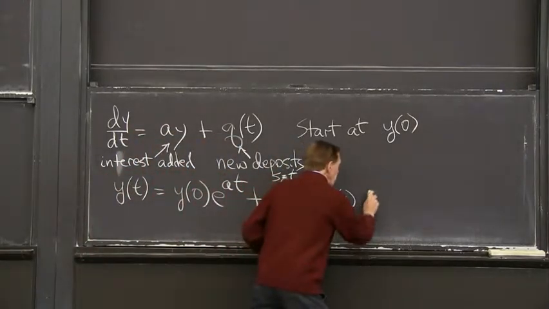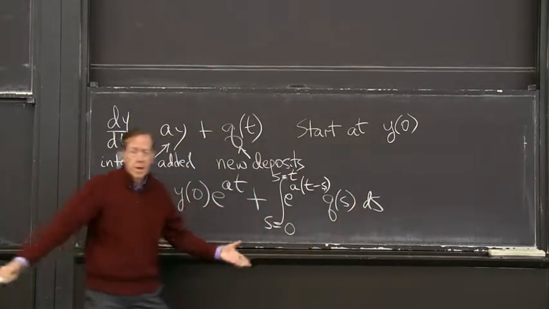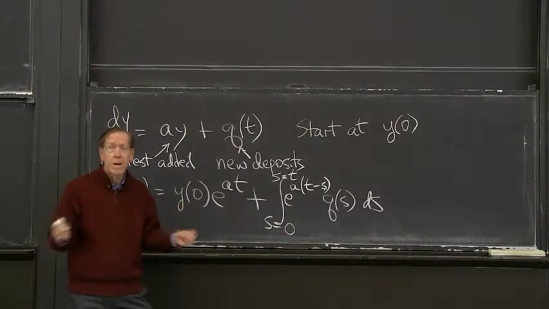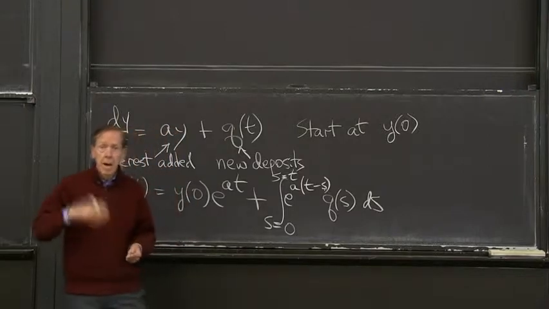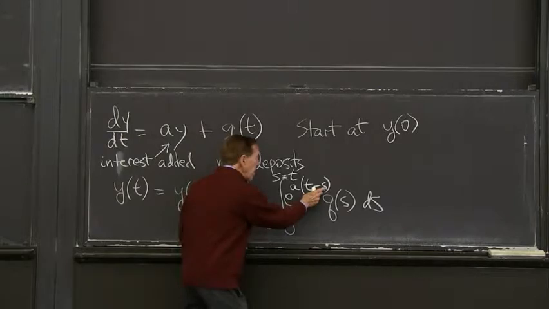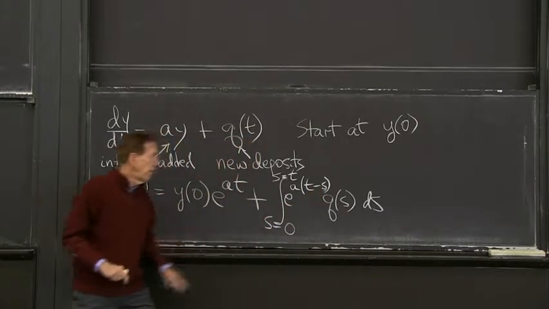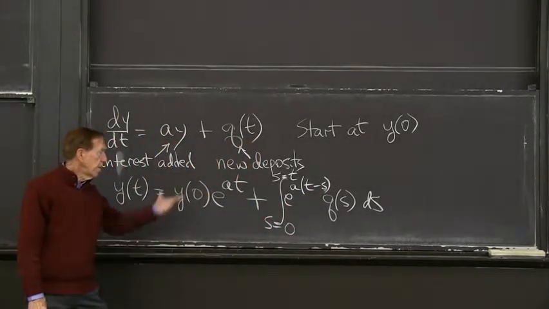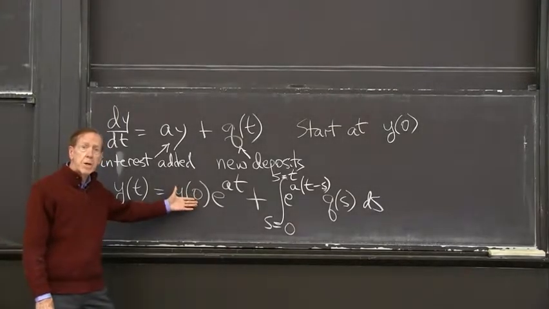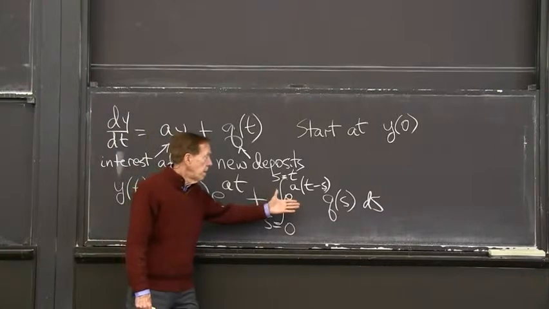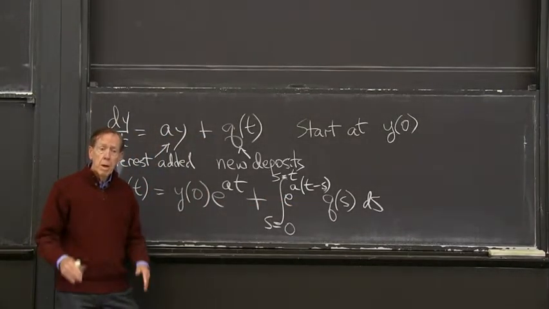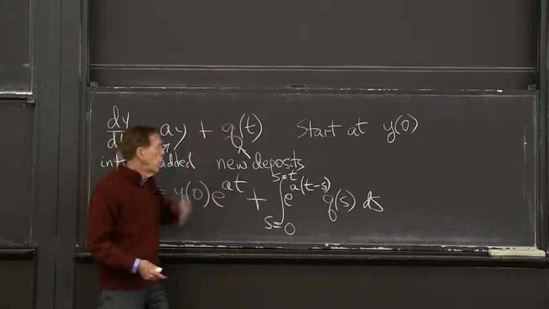And now we add up all those deposits with their growth. So for continuous time, addition is integration. That's the whole idea of the integral, is add up continuously. So there's my formula that I'm hoping you will admire. The null solution that grows out of the initial condition, the particular solution that grows out of the source term, q.